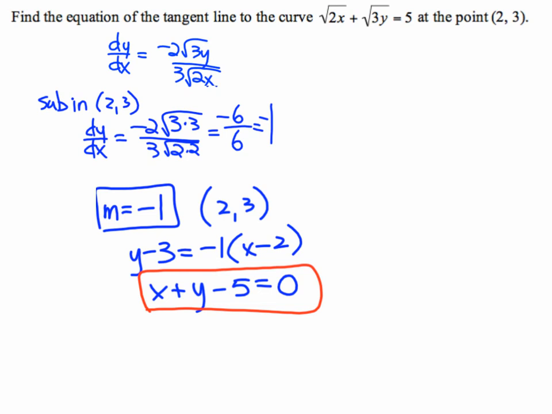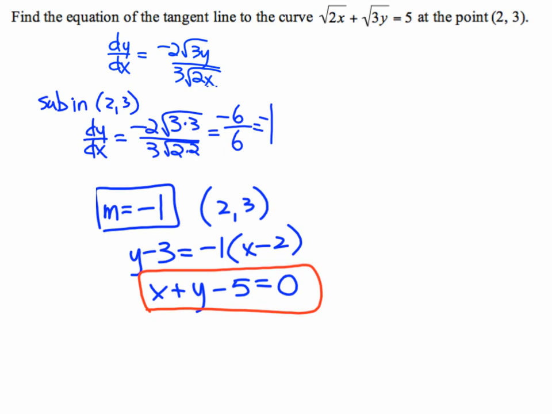If I sub in the values for x and y, my slope becomes negative 1. Because remember, anytime I take the derivative, that's actually the slope when I'm finding the equation of the tangent line. So my slope is negative 1.